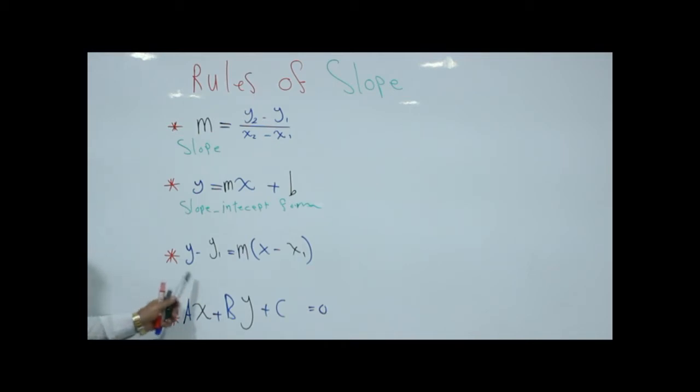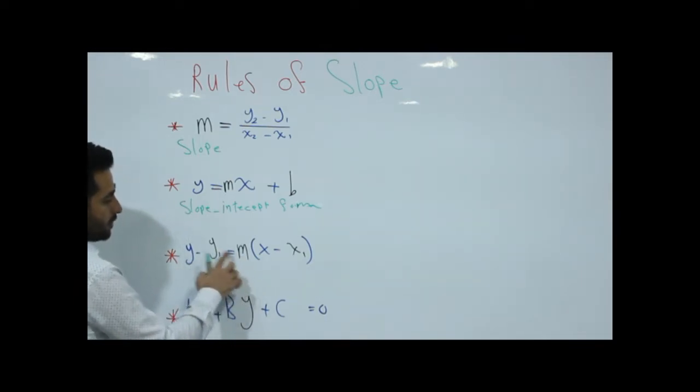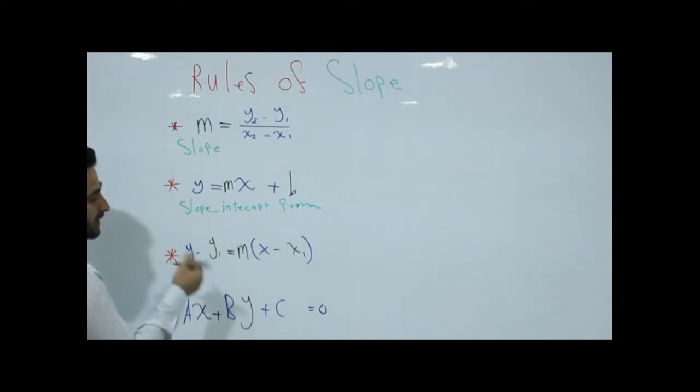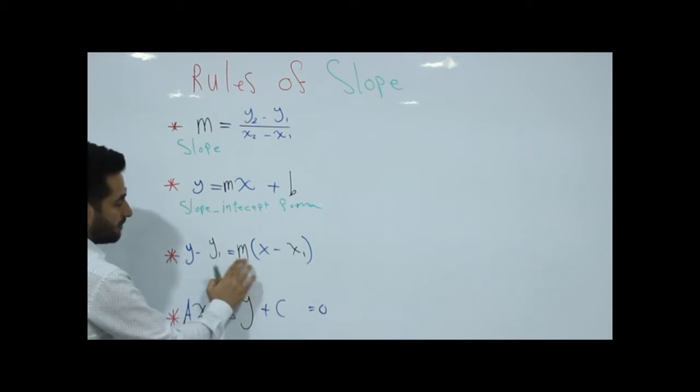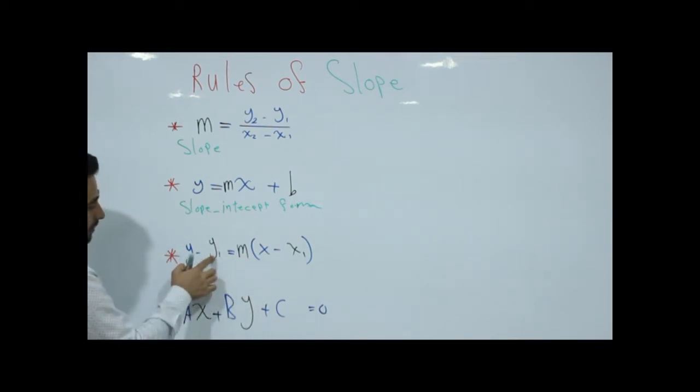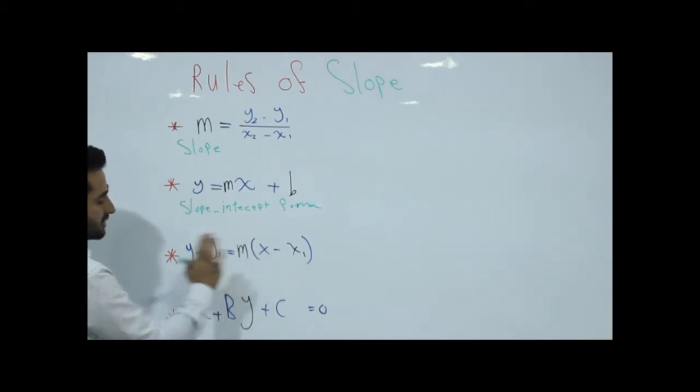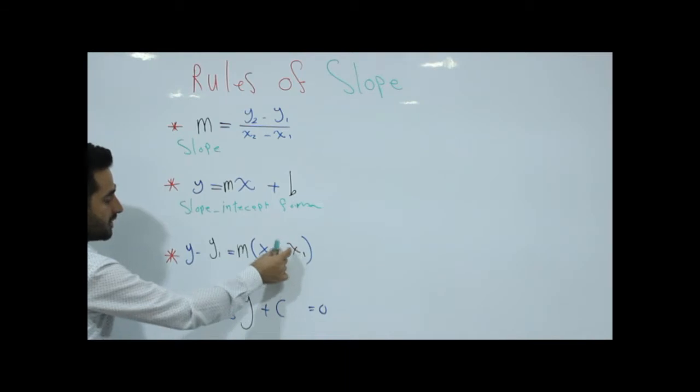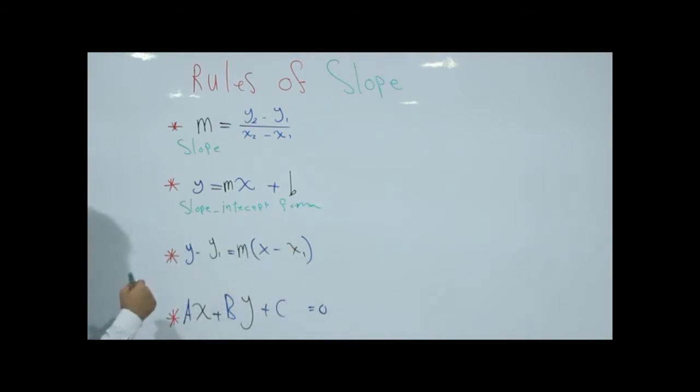For the third one, we have two things again, y1 and m. y1 and x1 are a point, and m is a slope. Except x and y, we have y1 and x1, this is a point, and m.